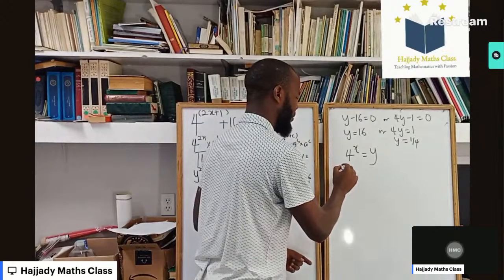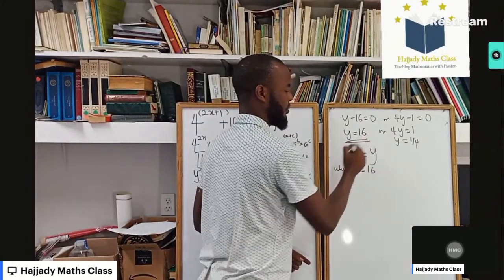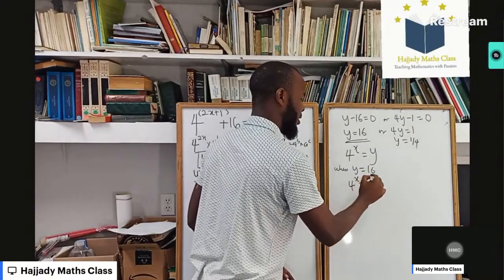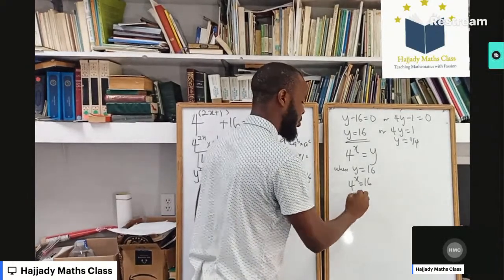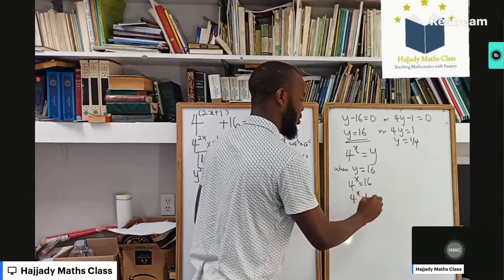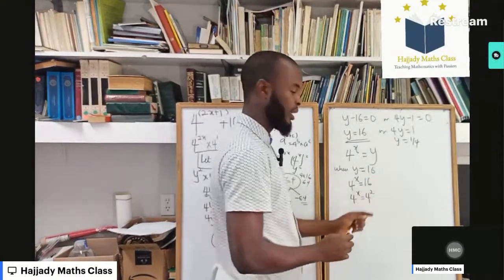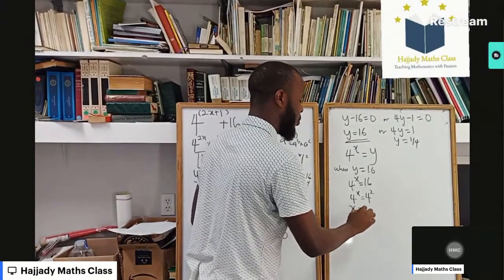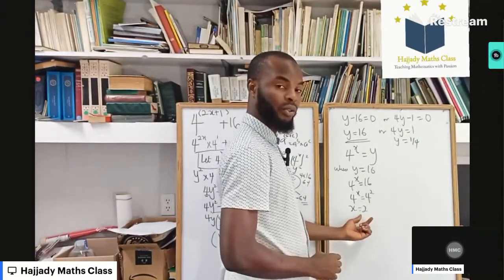So when y equals 16, like we got here, we have 4 to the power of x equals 16. That is 4 to the power of x equals 4 to the power of 2, which is equivalent to 16. Since the bases are the same, then my x equals 2. That's the first value for x.